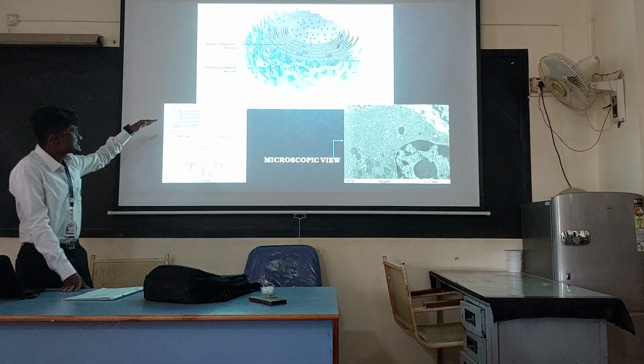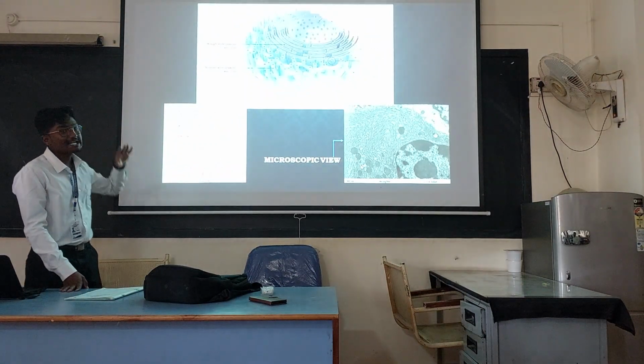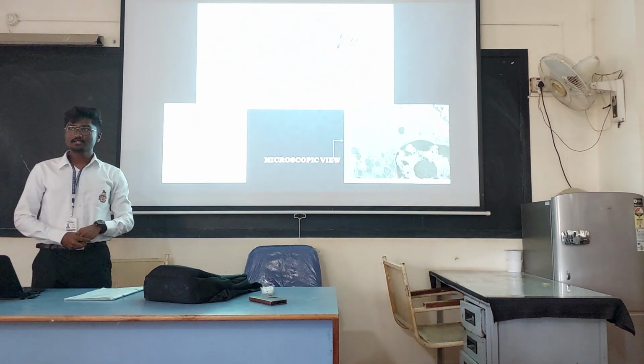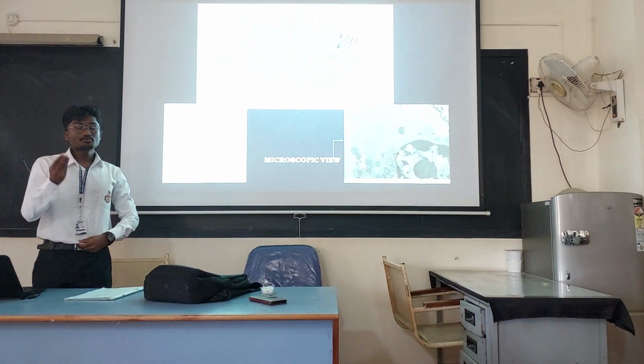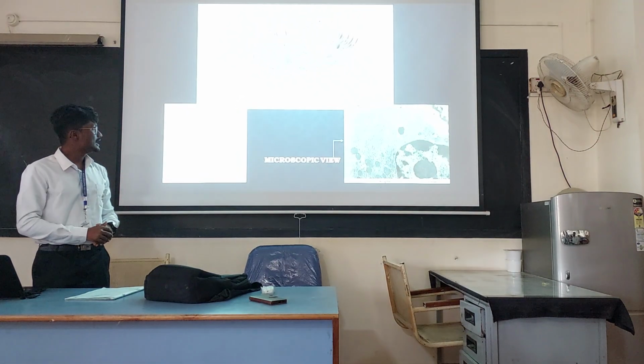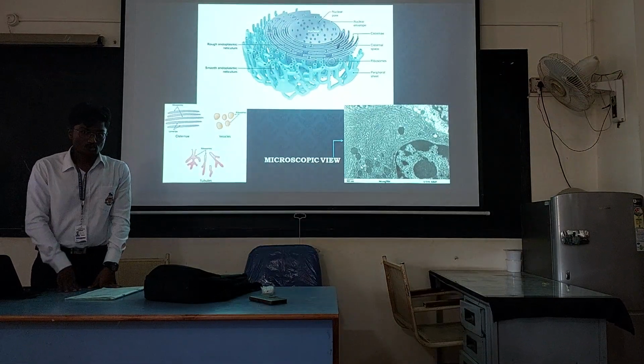Okay. So let us see how cisternae look. You can see that cisternae are stacked parallel to each other and they are unbranched. The diameter of the cisternae is about 40 to 50 nanometers. And in cisternae, you can see ribosomes attached to it.